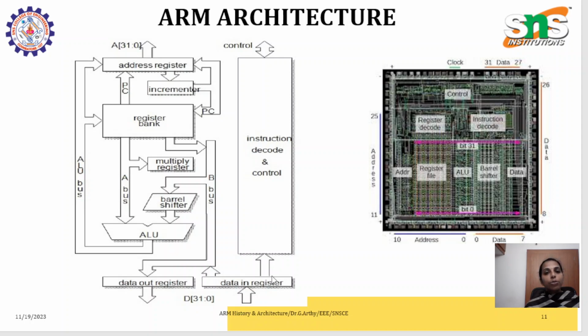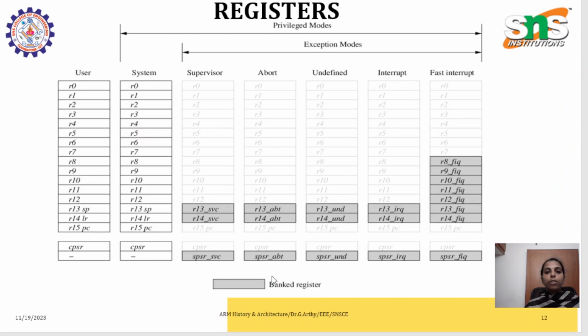The data in register is used to receive data coming into the processor, and the data out register is used to take out the data after processing from the ALU. So though the architecture is very simple, the barrel shifter and multiply register play a major role in improving the performance of the system. Also, ARM supports pipelining, which is another major advantage of ARM that improves the performance too.